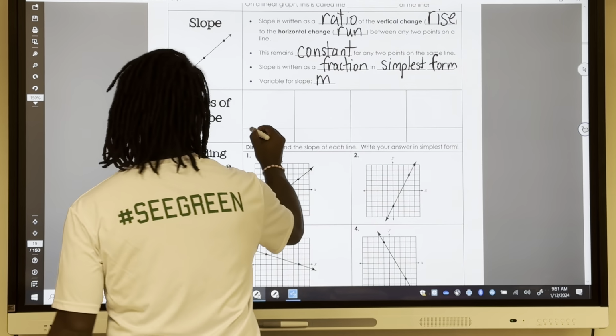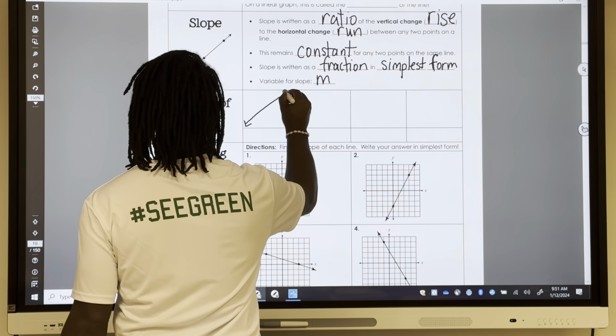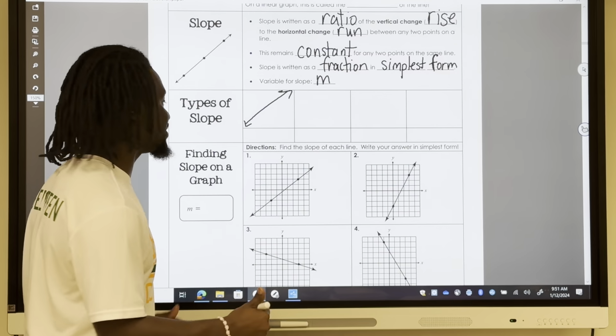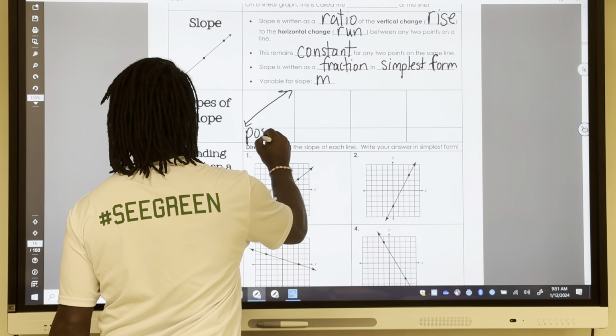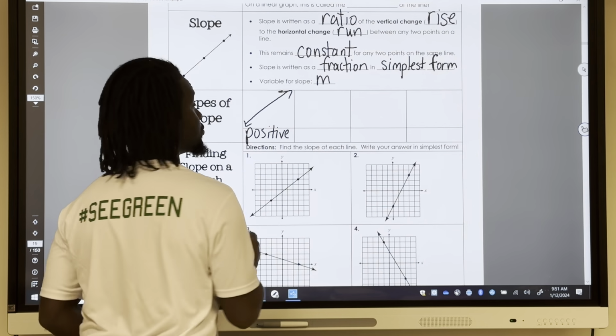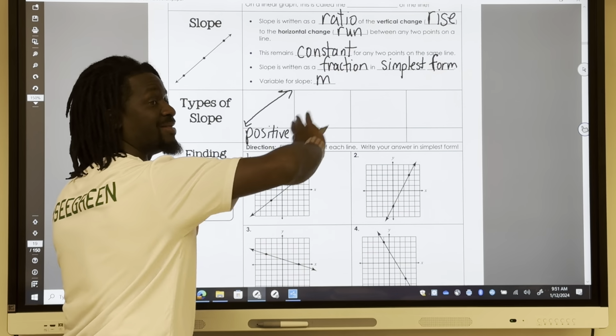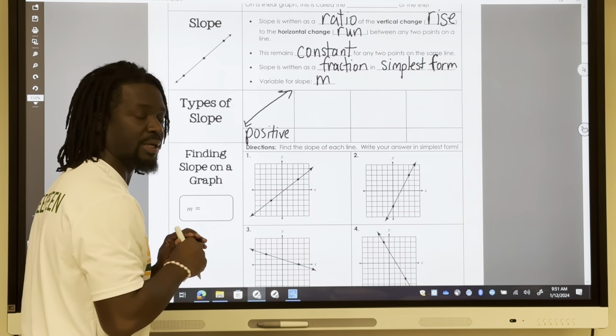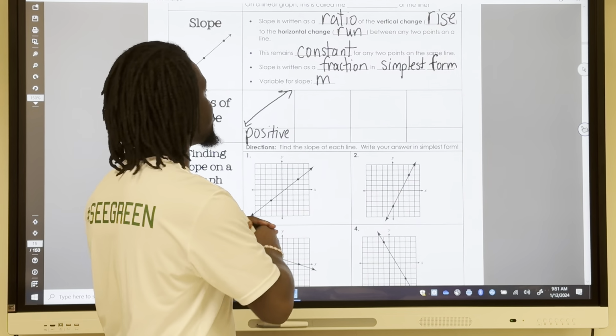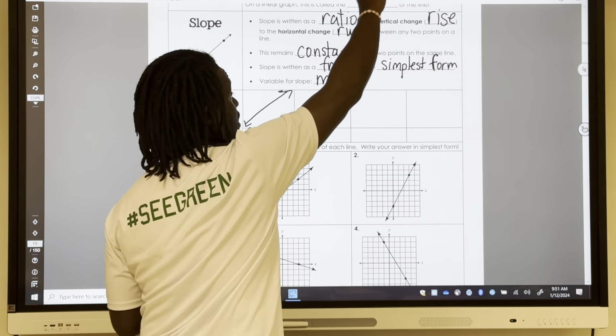The first type of slope is a positive slope. A positive slope is moving up in the positive direction. The positives are moving to the right and they're moving up.